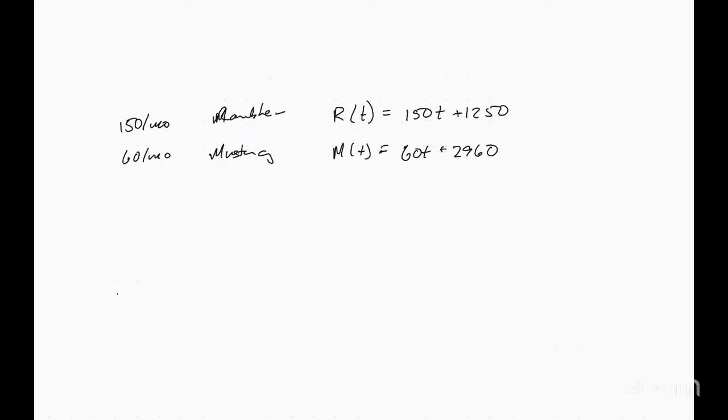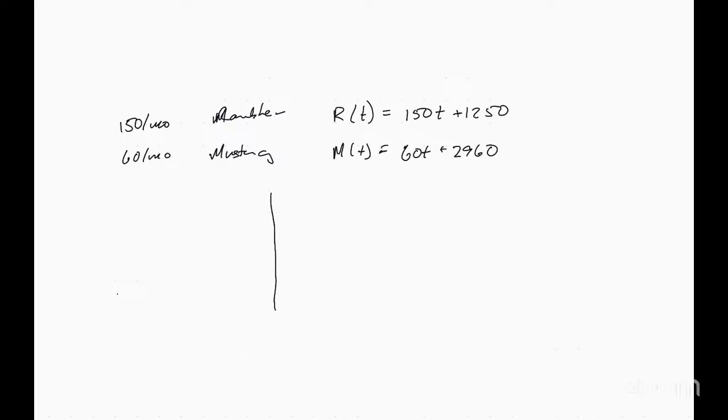And then what else does it say? Find out at how many months it would be cheaper. Find the break-even point and explain its meaning. Do you understand what break-even point means? I think it's when one function becomes more than the other. Right.